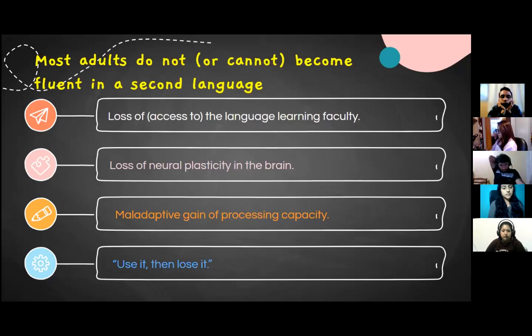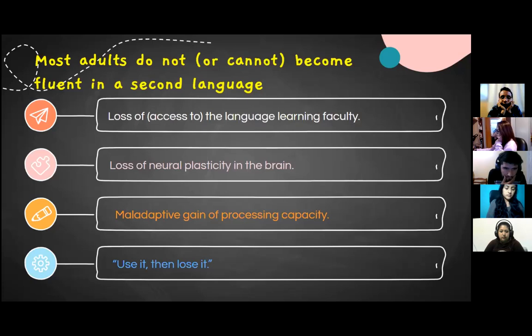Second, loss of neuroplasticity in the brain. As a person ages, there is a progressive lateralization of cerebral functions. The consequence of this and other cerebral changes is that the neural substance needed for language learning is no longer fully available.